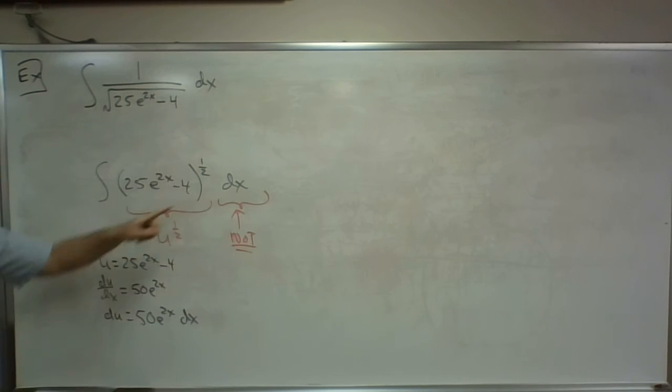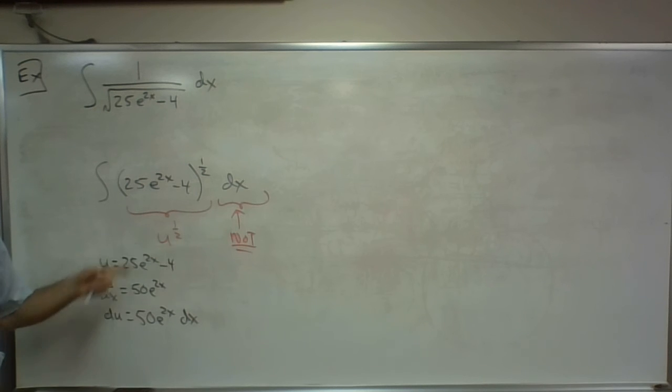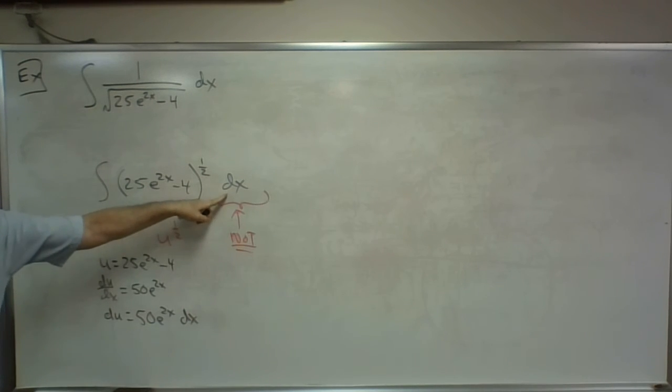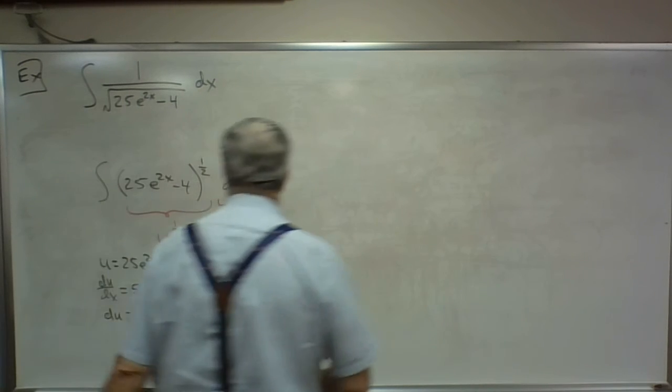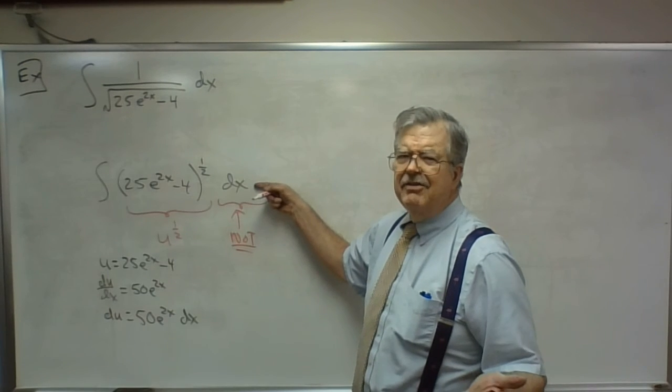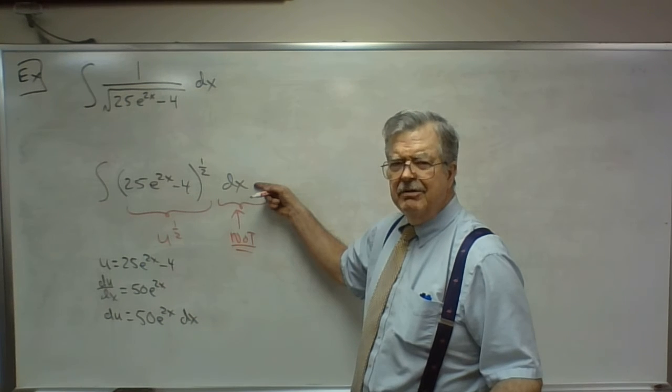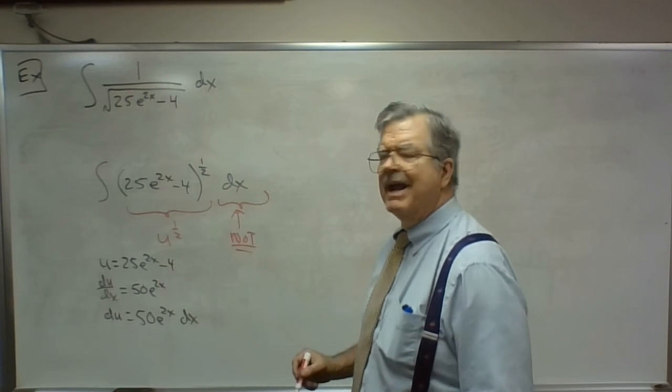We don't have to have exactly du here. We have u to the 1/2. This doesn't have to be exactly du, but it at least has to be a constant multiple of du, and we ain't got it.